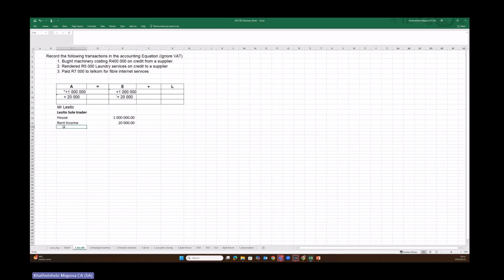Let's say you go and pay for water and electricity at the municipality. And you pay 5,000 for the month for water and electricity.